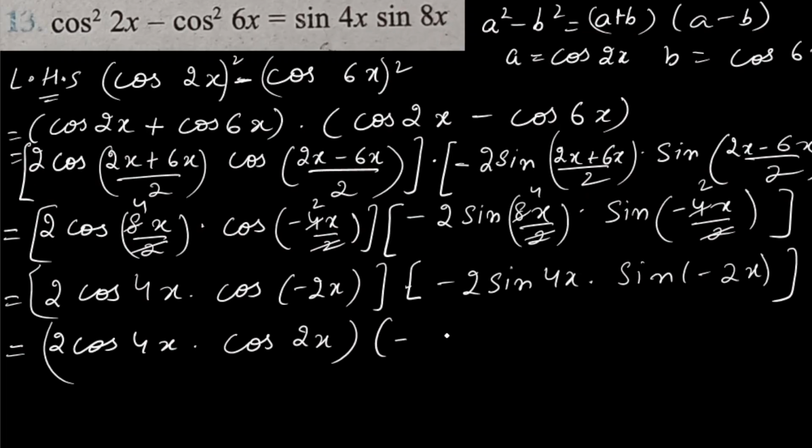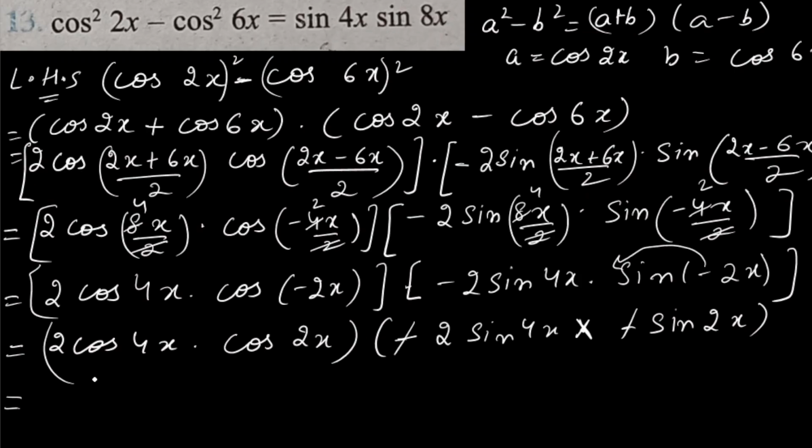Minus 2 as it is into sine 4x. Now here also this minus sign will come outside because this is sine, so it will become, in multiplication, minus sine 2x. Now if you see, in multiplication 2 minus signs are there, and both the minus signs will get cancelled.